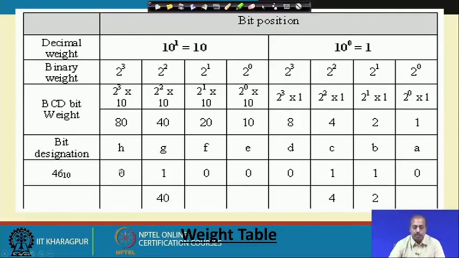So, this 0 multiplied by 10 gives 0, this 1 is 2 power 2, so that is 4 multiplied by 10, which gives 40. Then 2 power 1 into 0 is 0. So, this part gives me 40 and this part gives me 6.